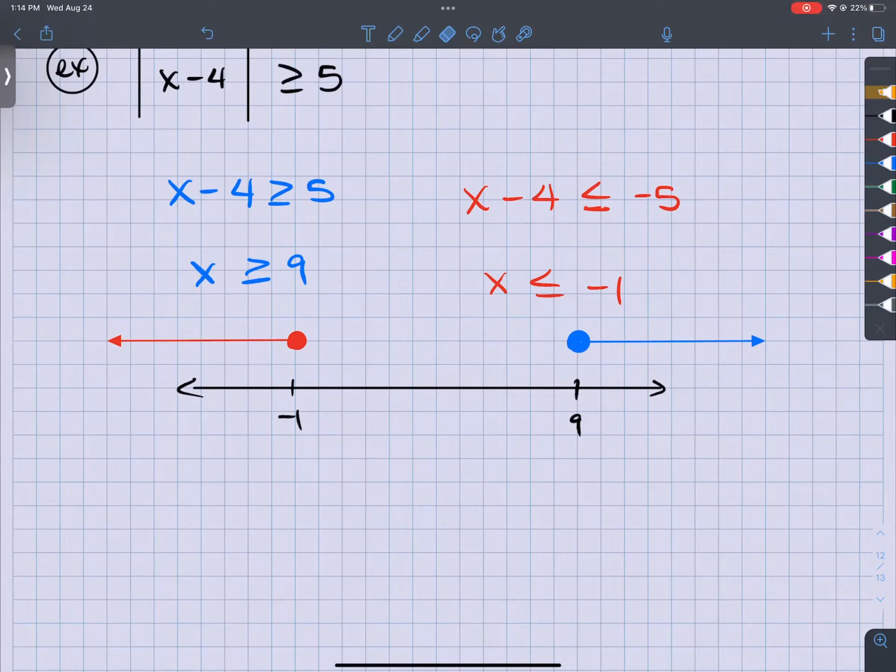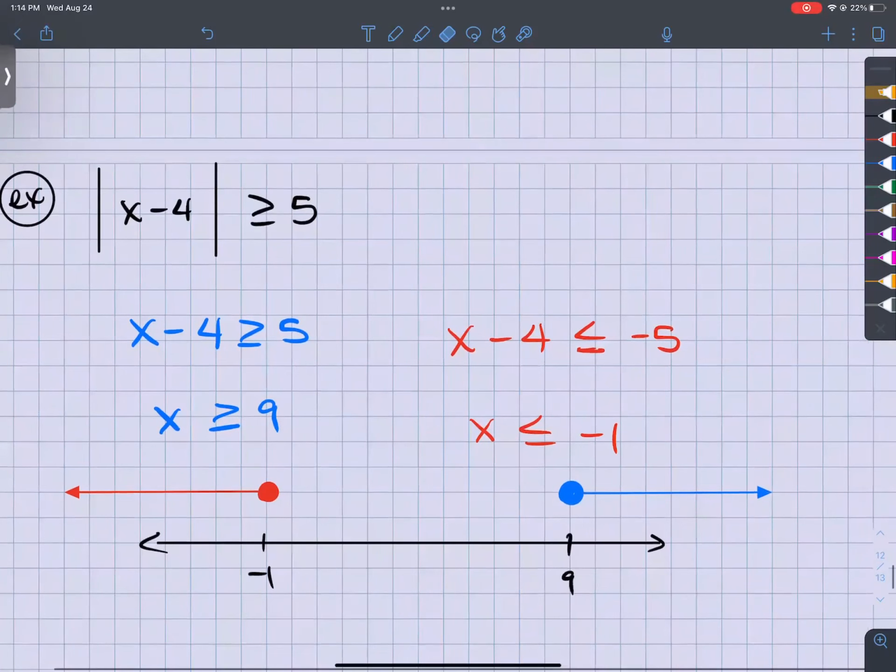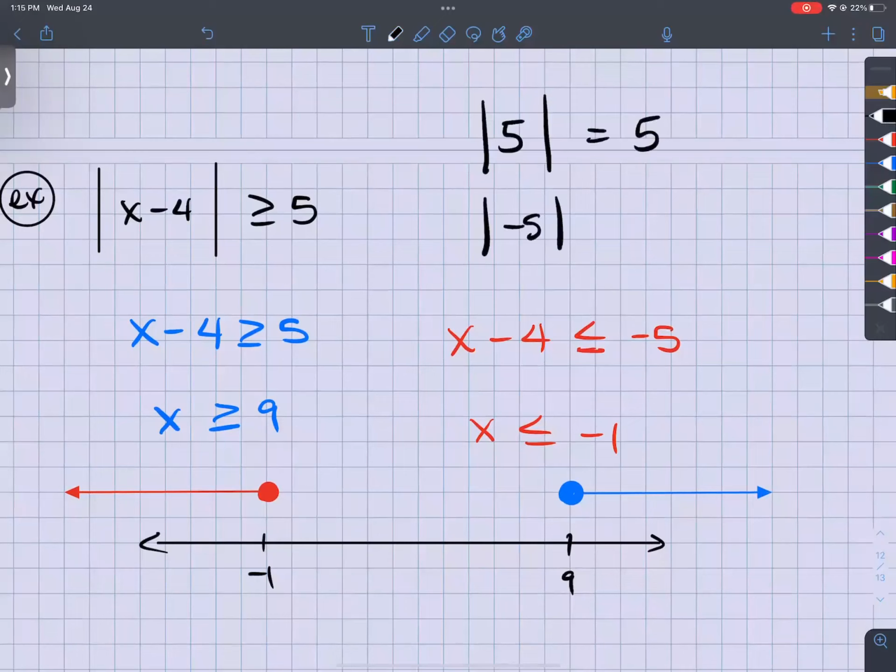Okay, because again, remember how I said in the beginning with absolute values, the inside can be the positive, can be that 5, and the inside could be the negative of that 5, because if I take the absolute value of 5, I get 5. If I take the absolute value of -5, it can also equal 5. Is that right?